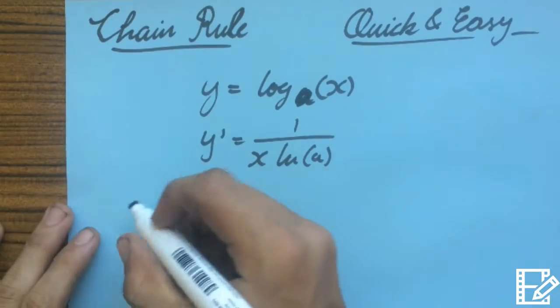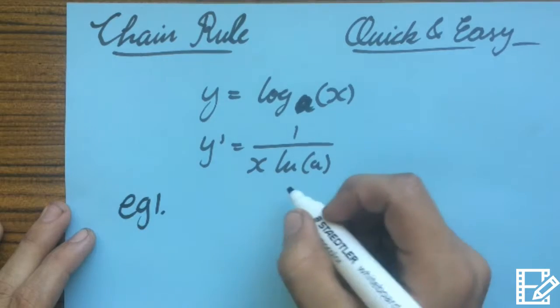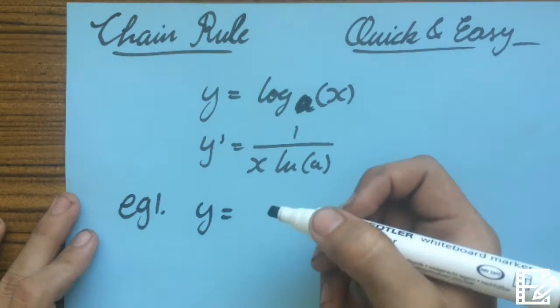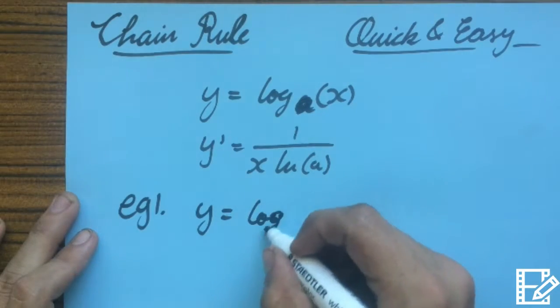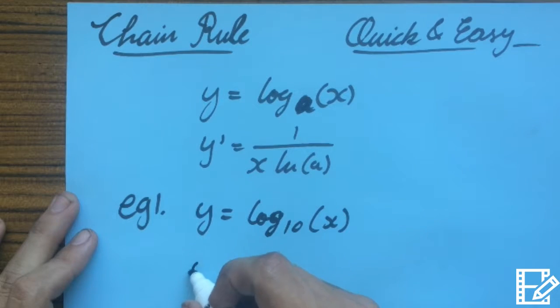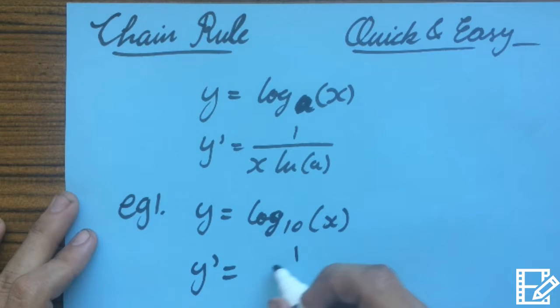So we can start with an example. This isn't going to be an example of the chain rule. This is just going to show you quickly exactly what it's like. It's exactly the same as what I've shown above, except this just has a number.